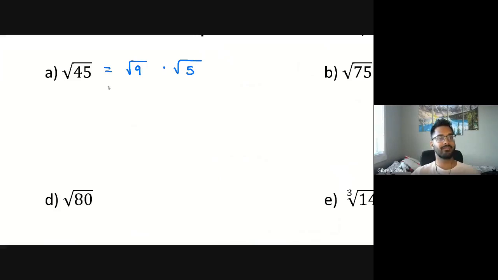The product of 9 and 5 is 45. 9 is a perfect square, which is great. So we can go to simplify this by actually taking the square root of 9, telling us it's 3, and then we still have our square root of 5 left that's being multiplied with that square root of 9. Okay, so 3 root 5.